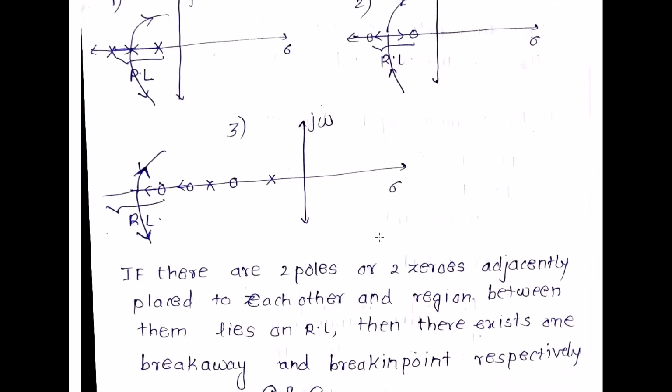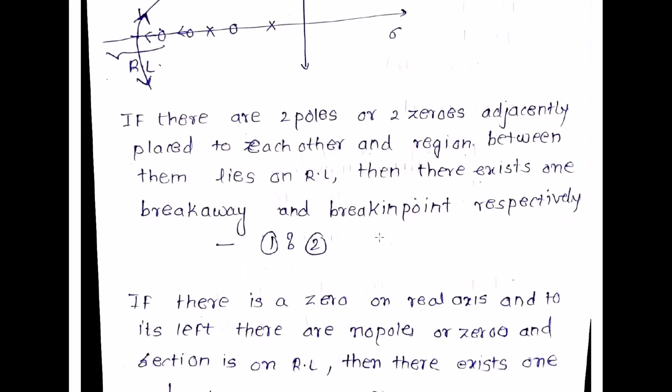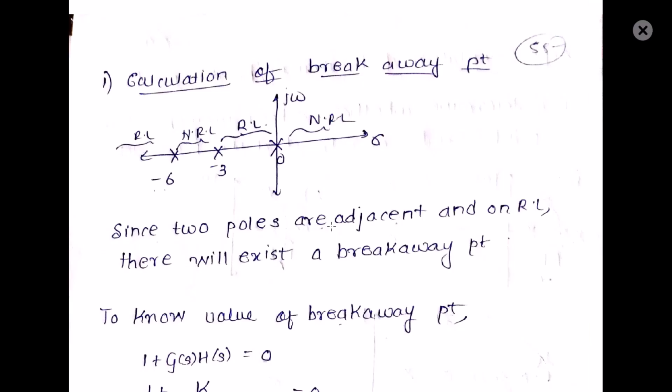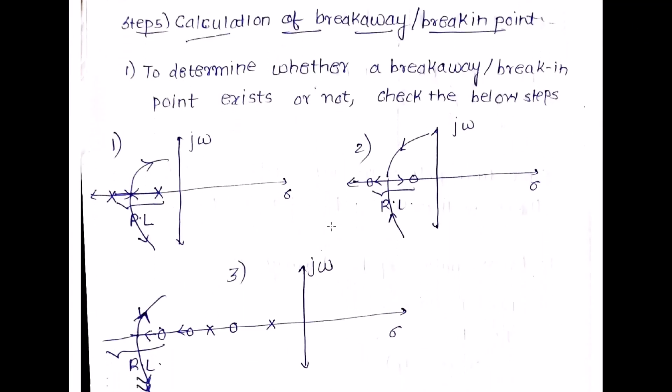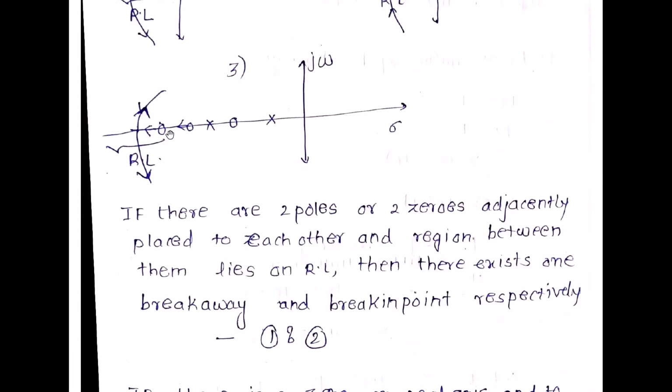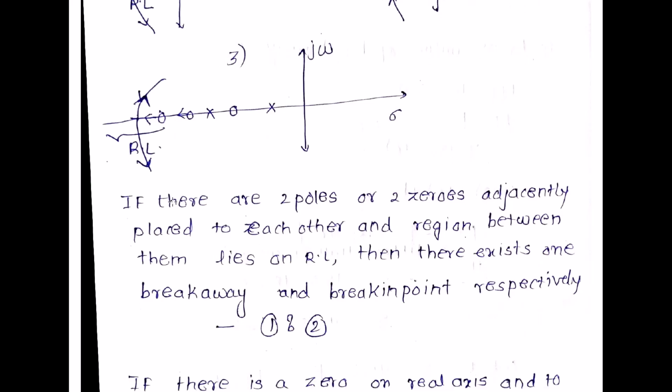And if there is a zero, and the region to the left hand side of it exists on the root locus, then there will exist one breakaway point. So that is what is written over here.